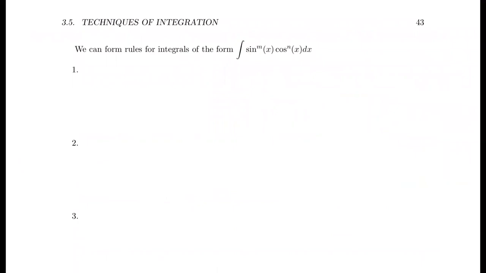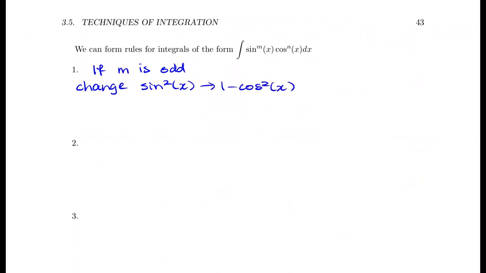For the first one, let's say that if m is odd, then we would have to change sine squared of x to 1 minus cos squared of x, and we also have to save 1 sine x.